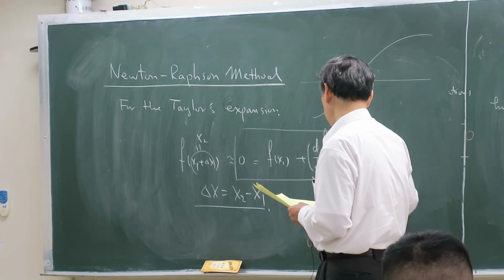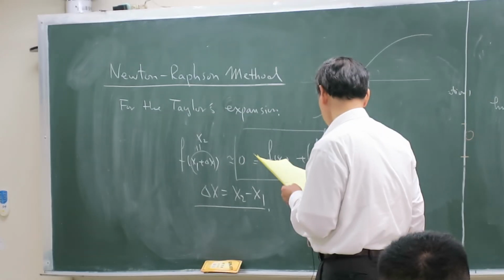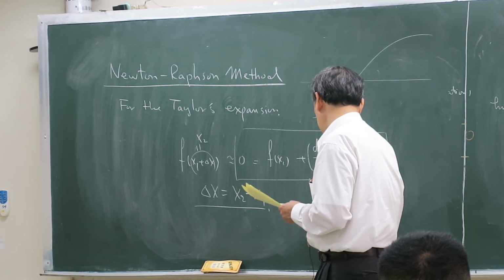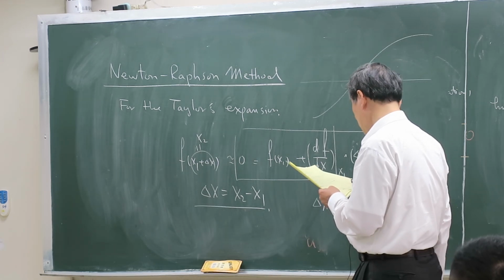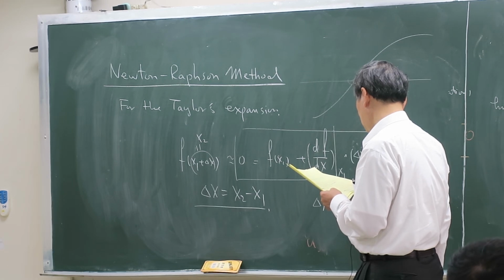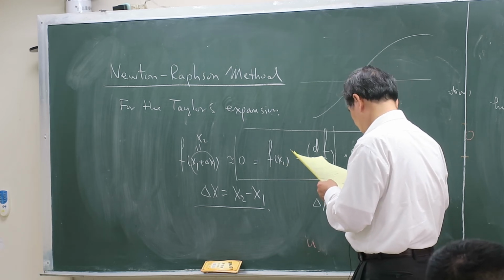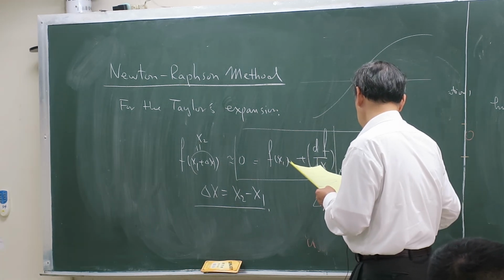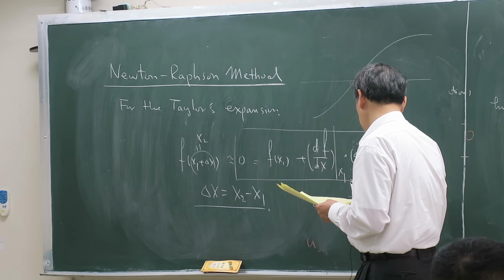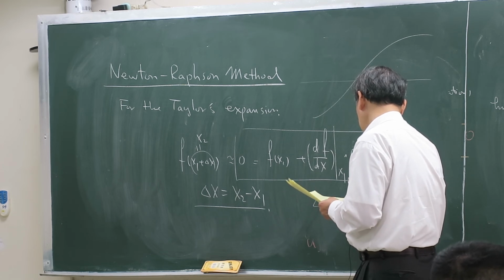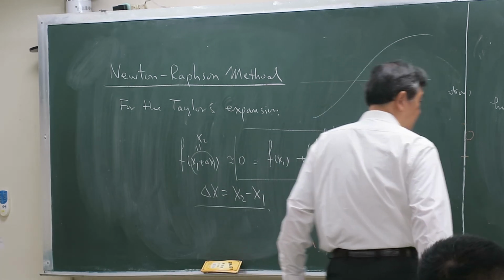So my delta x is approximately what? Minus f of x1 over df dx at x1. Okay, so we can see this way.